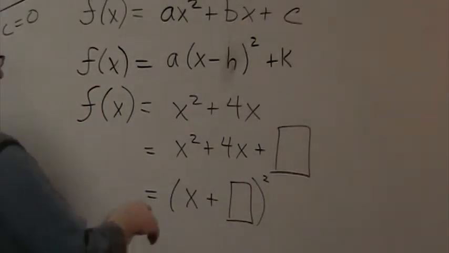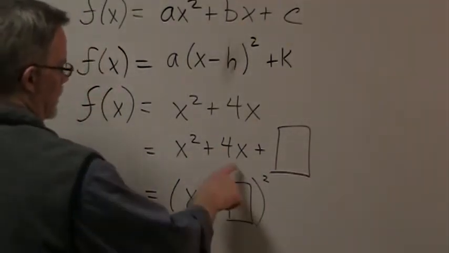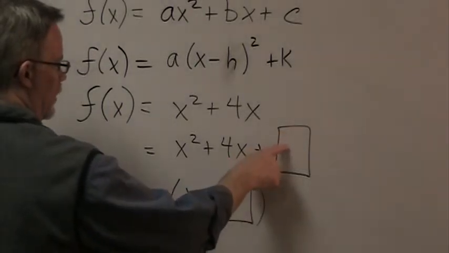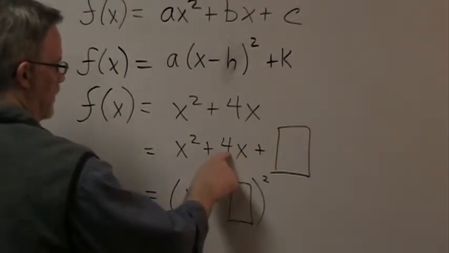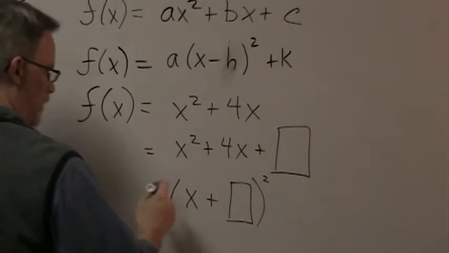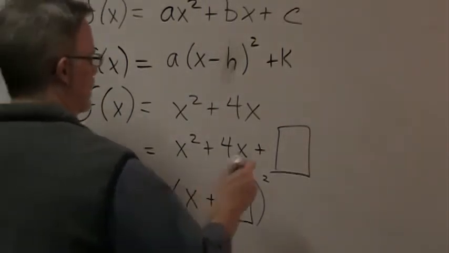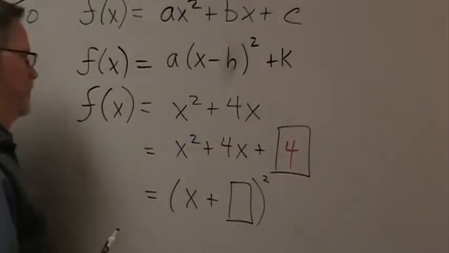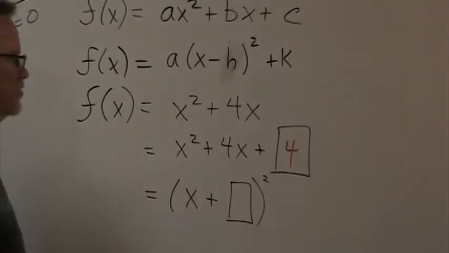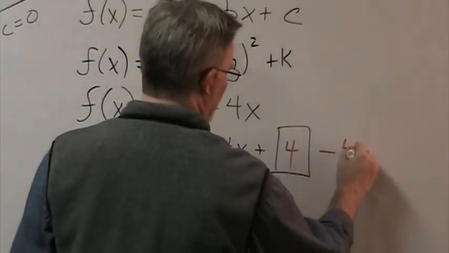When completing the square, it's b over 2 squared. Well, this is b. 4 divided by 2 squared is 4. However, in order to keep this the same function, if you add 4, you also have to subtract 4 out here.